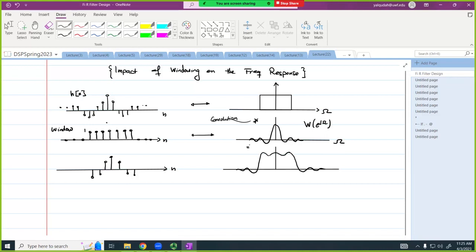What happened to the rectangular pulse that was ideal, the rectangular shape? It became smeared. And you see it? Instead of this going like a sharp edge, now it's smeared. And we also have ripples in the response. Again, this is just a direct result of the convolution of these two signals.